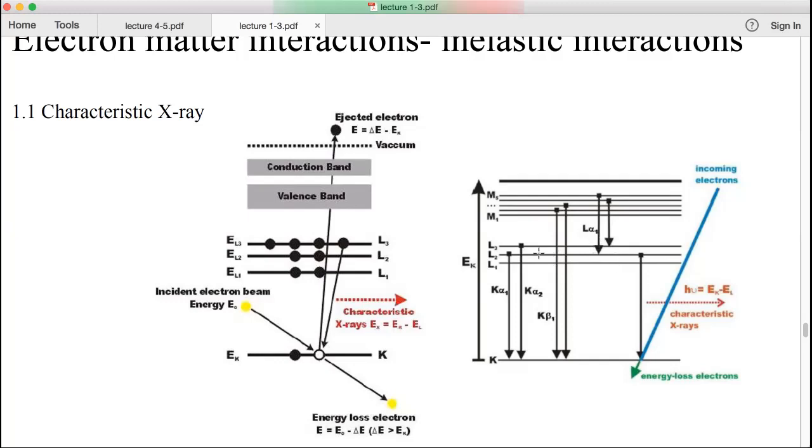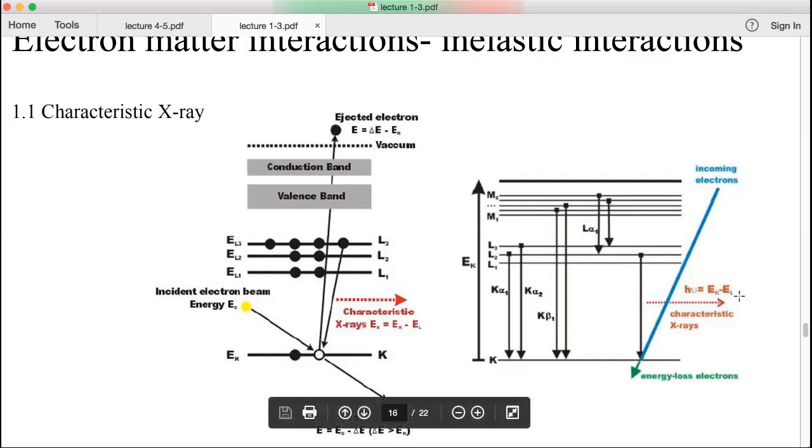Here L alpha 1 means, L means your vacancy is now at shell L, and alpha means it is coming from the immediately available, immediately higher energy level, and 1 or 2 depends, right?